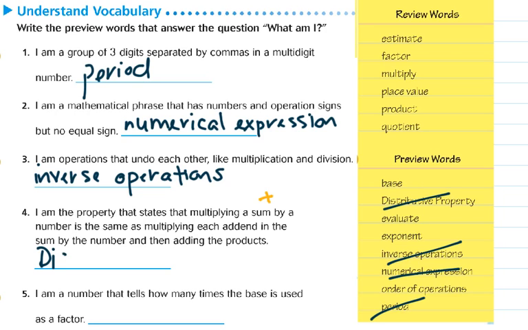And distributive property will be very important throughout our discovery and inquiry of 5th grade math. And lastly, I am a number that tells how many times the base is used as a factor. And that, boys and girls, is an exponent.